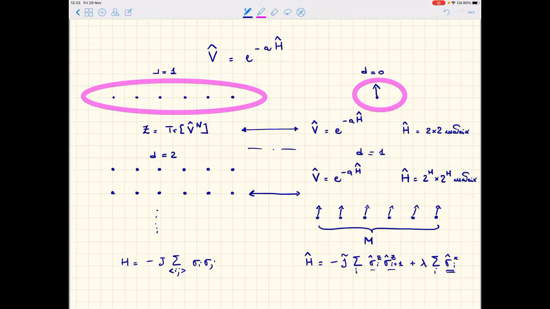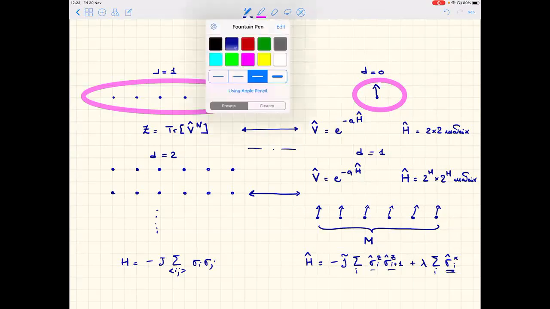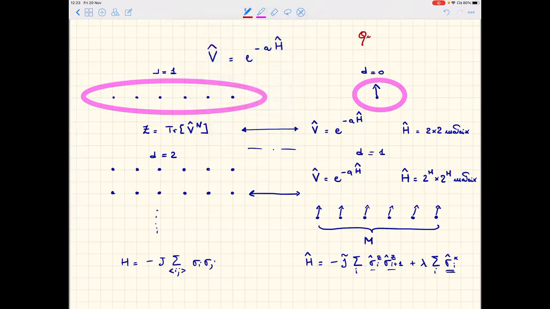Anyway, this idea that you can go from classical statistical mechanics to quantum mechanical problems using the transfer matrix is a very general idea that is being used a lot in the literature and has a name, is called quantum to classical correspondence.